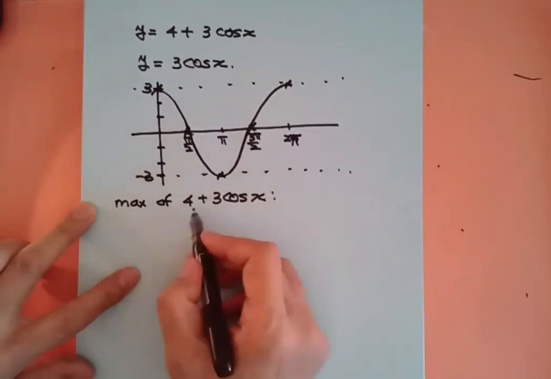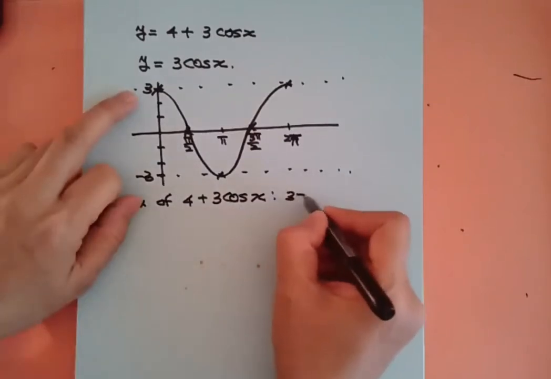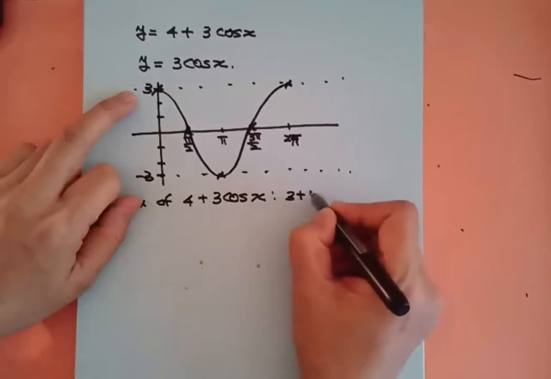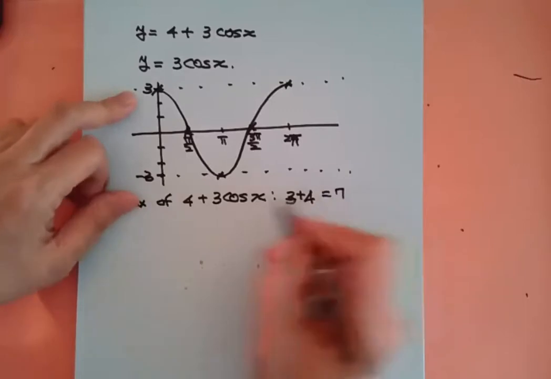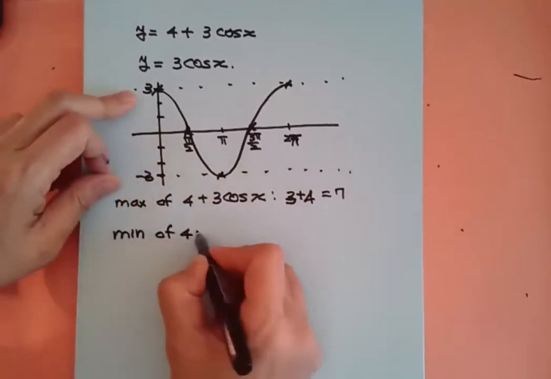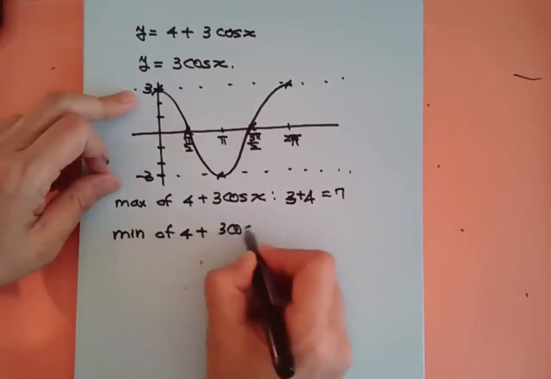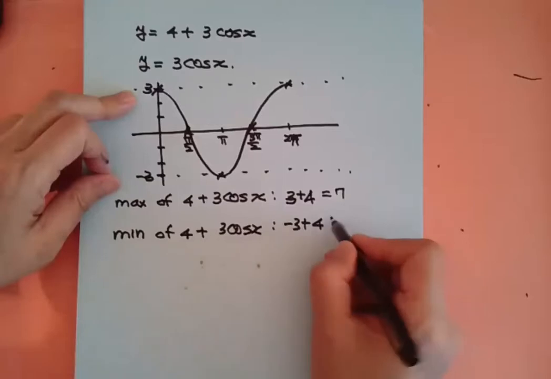So the maximum of 4 plus 3 cosine of x is also 7, since 3 plus 4 equals 7. And the minimum of 4 plus 3 cosine of x is minus 3 plus 4, which is 1.